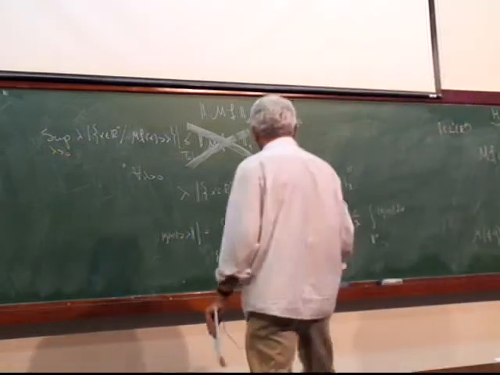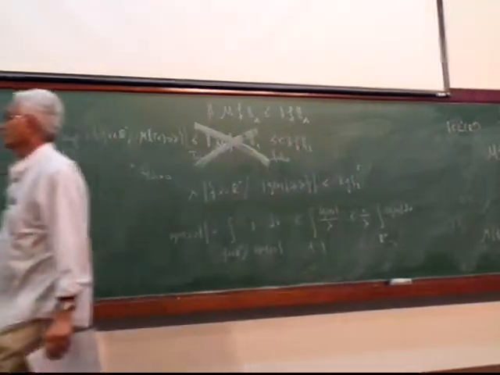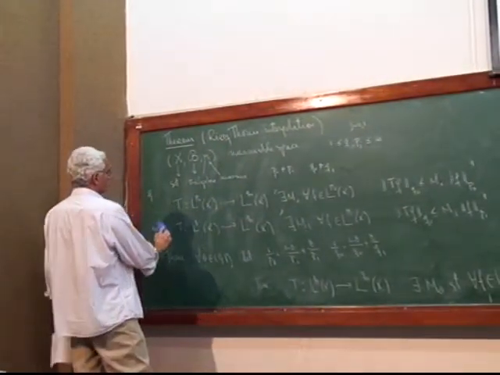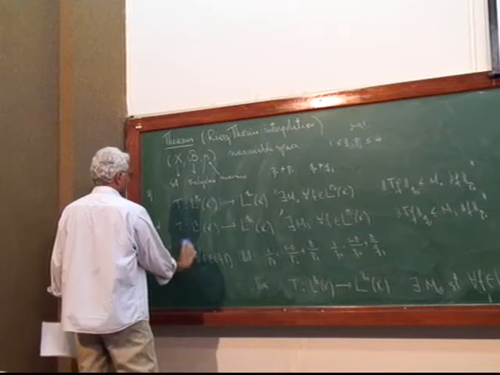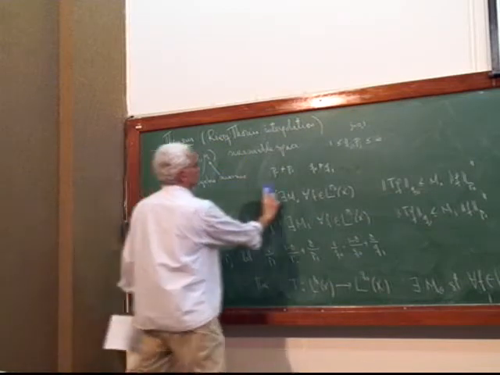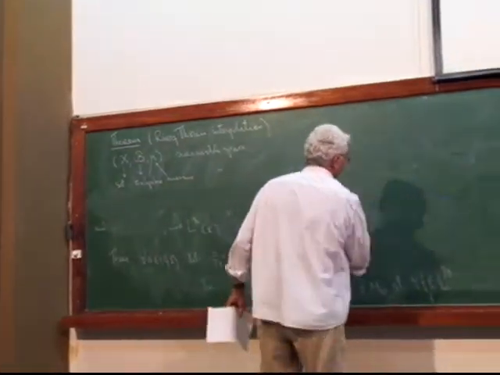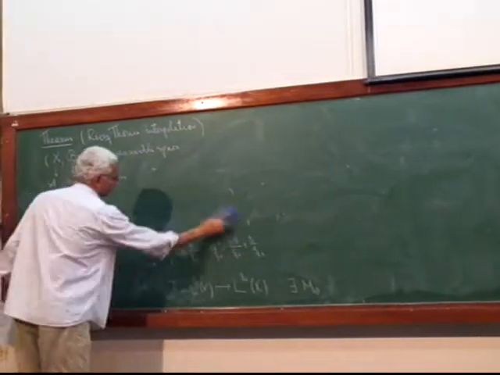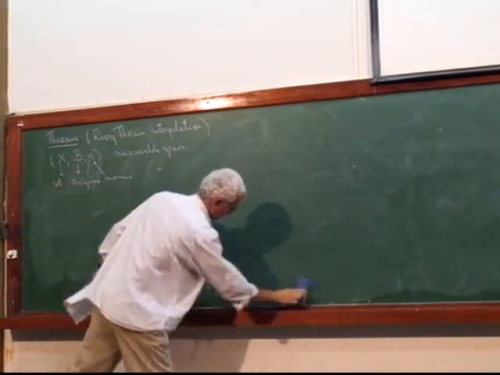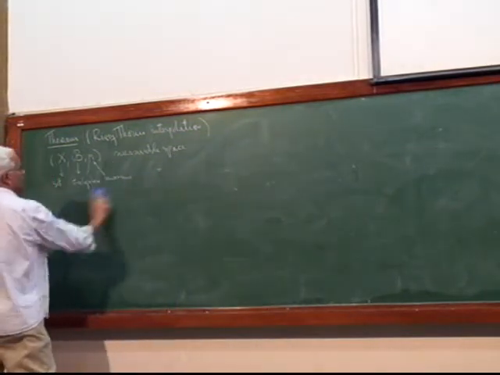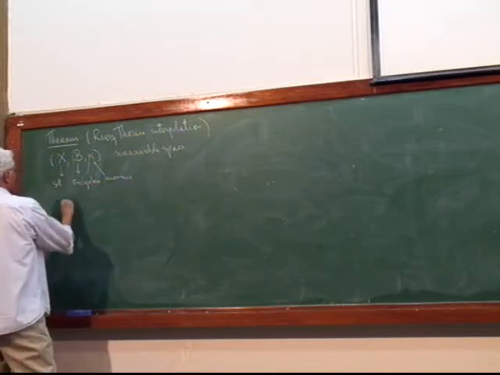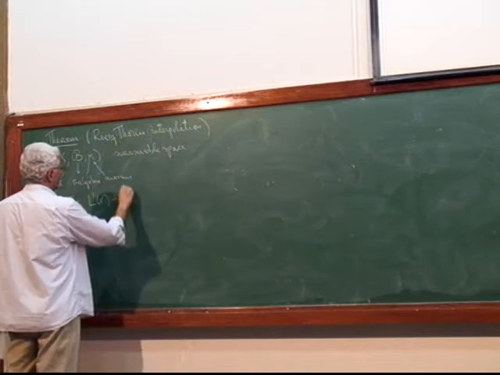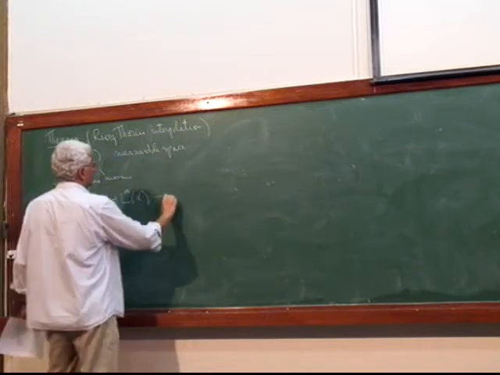Okay. Marcinkiewicz theorem says exactly the same thing. Suppose that T, okay, let's state it in what we needed. Suppose that we have a T that goes from L1 of x plus L infinity of x into nice functions.